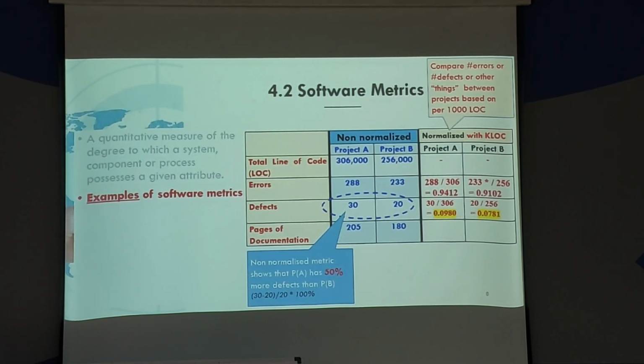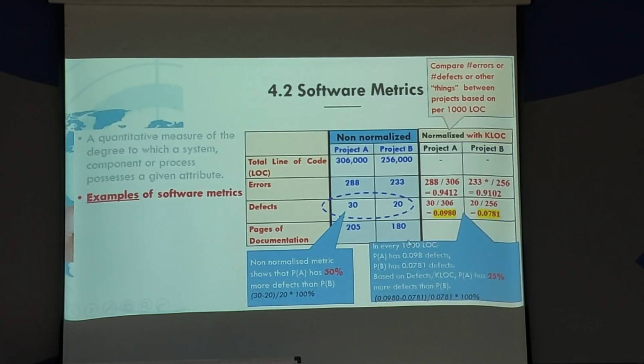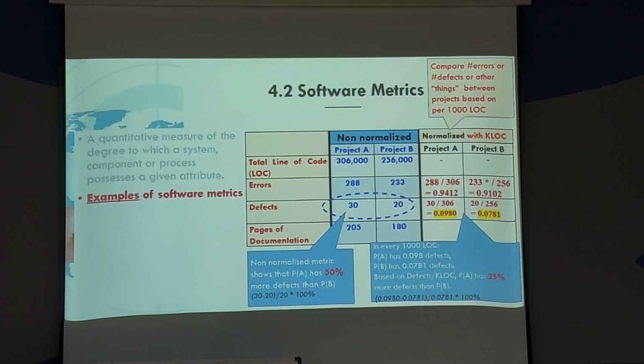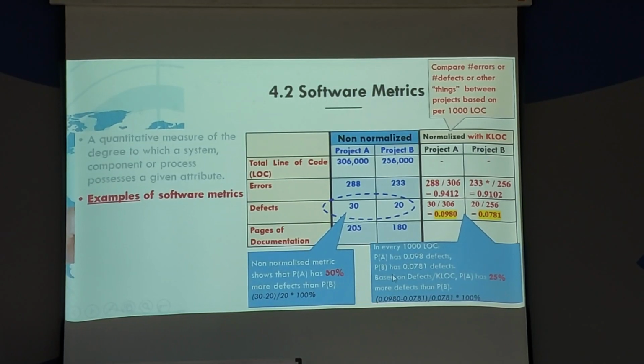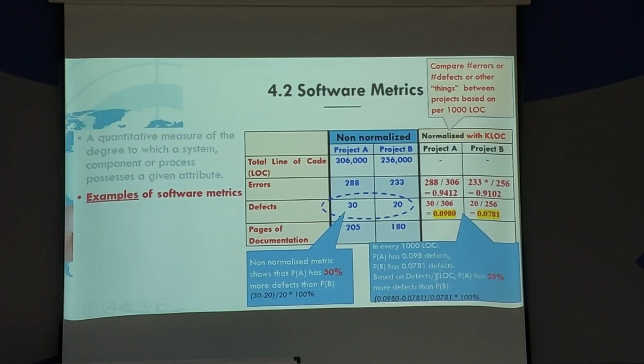For defects, per 1,000 lines of code, project A has 0.0980 and project B has 0.0781. This means in every 1,000 lines of code, project A has 0.098 defects, project B has 0.0781 defects. So based on defects per 1,000 lines of code, project A has 25% more defects than project B.